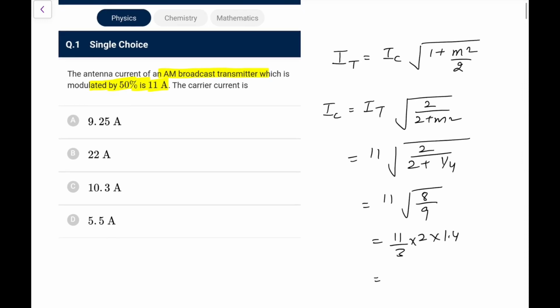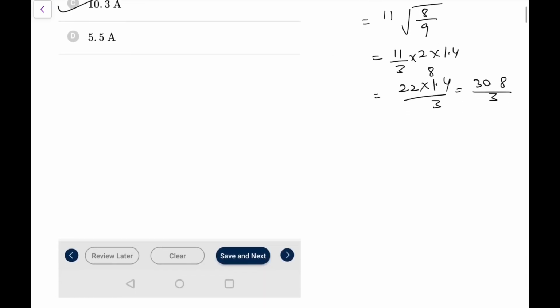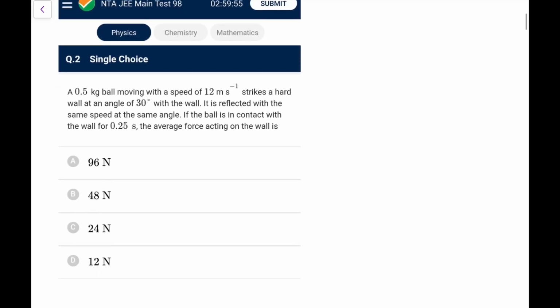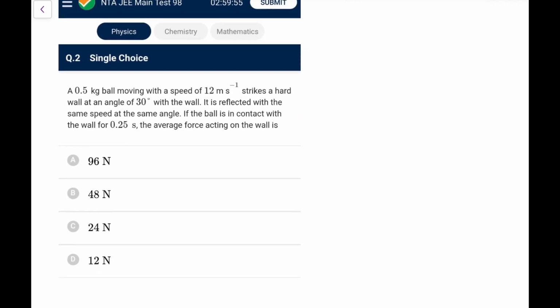So 22 into 1.4 upon 3. 22 into 1.4 is 30.8, so 30.8 by 3, approximately 10.3 amperes you can go for. But again, for me it's beyond your syllabus. Better to leave it. I don't think you will be remembering this formula.